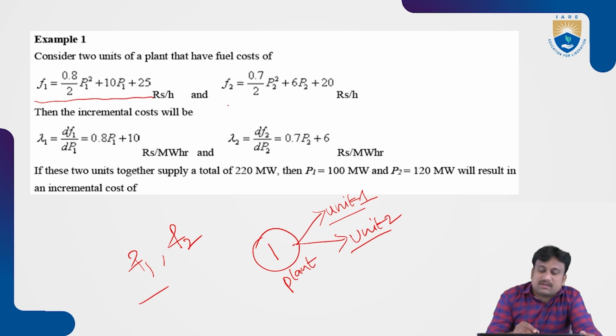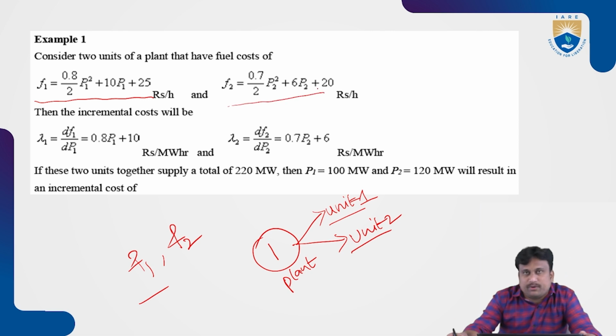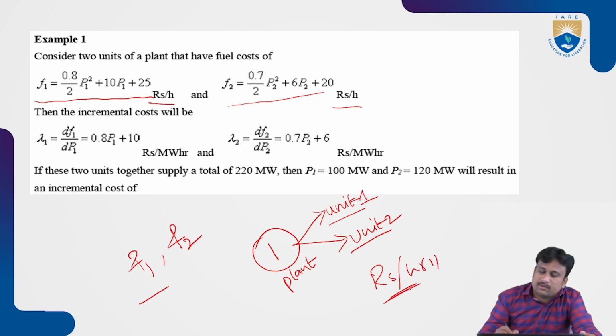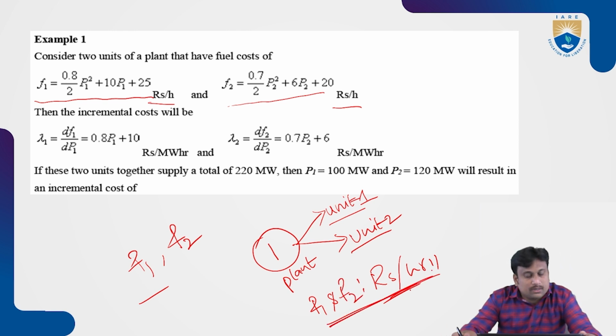Next, the fuel cost of the second unit, F2, is 0.7 by 2 P2 square plus 6 P2 plus 20. Here the fuel costs are expressed in rupees per hour, as we already discussed earlier. Once again, for F1 and F2, the fuel costs are in rupees per hour.